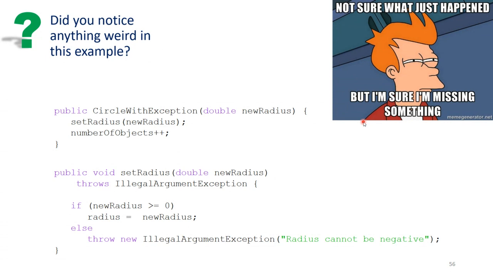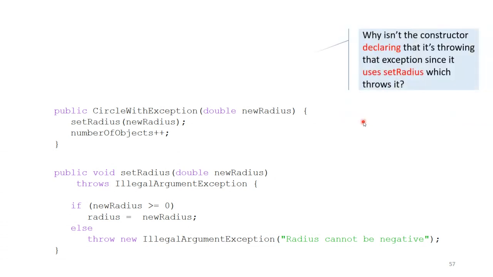This example is playing on something a little tricky. The tricky part is right here. I have a constructor. The constructor calls setRadius. Well, setRadius is one of those methods that declared it was throwing an exception, and it does throw an exception inside of it. So everything here makes sense.